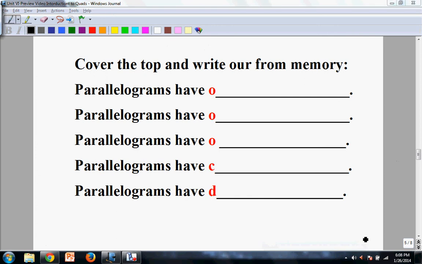Okay, so you should read parallelograms have opposite sides congruent. Parallelograms have opposite angles congruent. Parallelograms have opposite sides parallel. Parallelograms have consecutive angles supplementary, and parallelograms have diagonals that bisect each other.